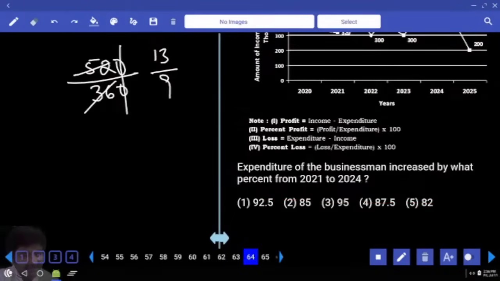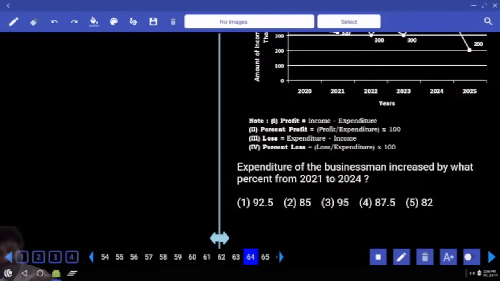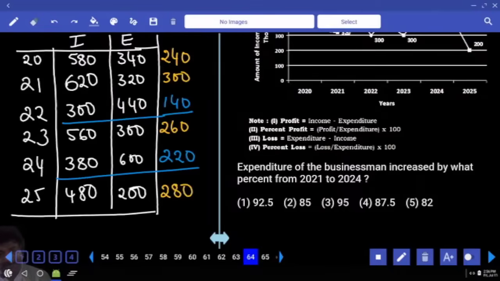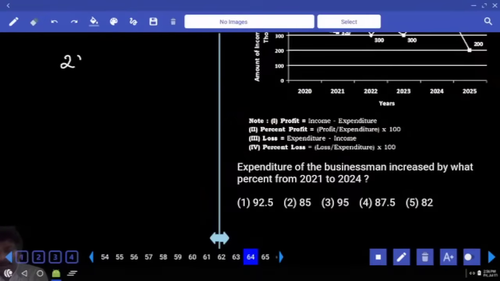The expenditure of the businessman increased by what percentage from 2021 to 2024? 2021 expenditure is 320, 2024 expenditure is 600. If 320 becomes 600, it increased by 280 from 320, percentage into 100. The numerator is how much less than the denominator? 40.